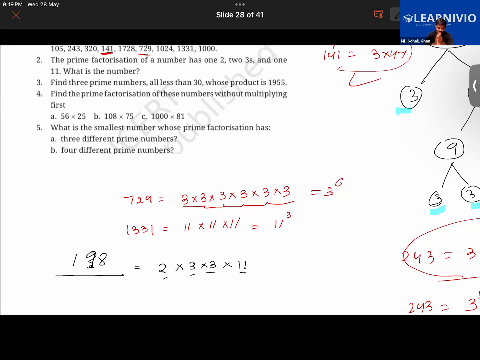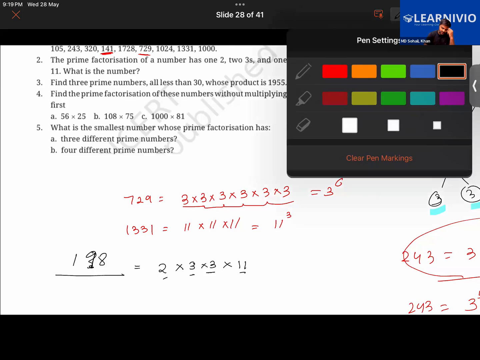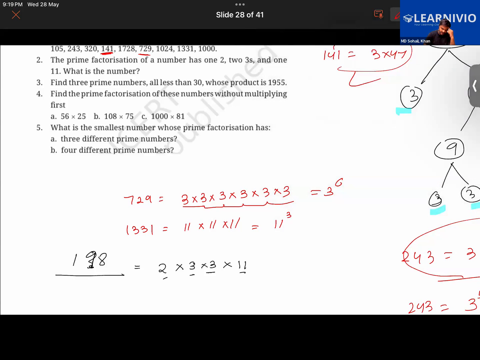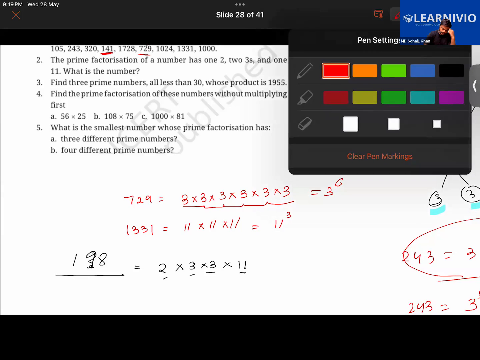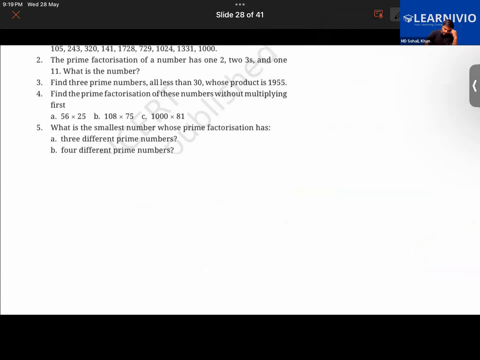First, you will write down all the prime numbers that are less than 30. So those are 2, 3, 5, 7, 11, 13, 17, 19, 23, then you have 29, 31.